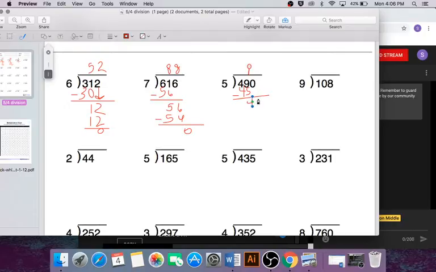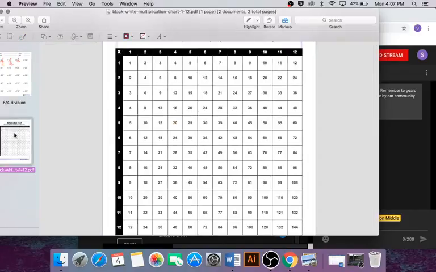And we bring down our 0. So now we have to figure out how many times 5 goes into 40. So we go back to our multiplication chart, to our 5 times table, and we go up, and 5 does go into 40. 5 times 8 is 40.